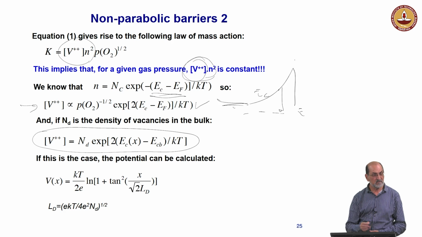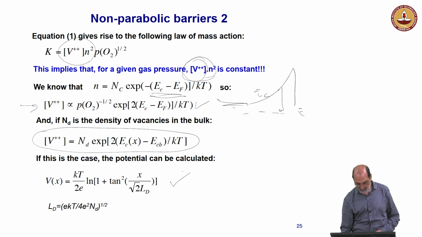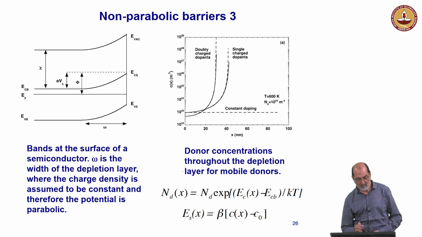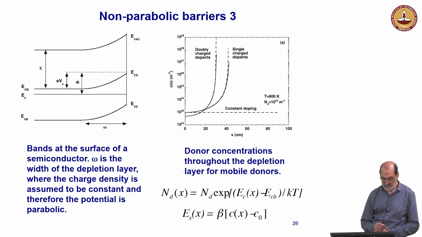We have to integrate this, which is not very easy, but it can be done. And the potential has this shape. It's quite weird: natural logarithm of 1 plus the tangent square. It's quite complicated, but I can show you how it looks.